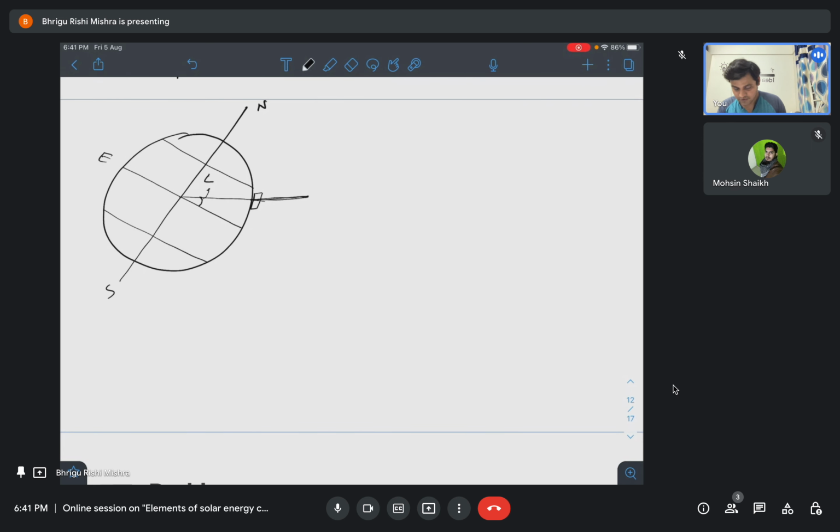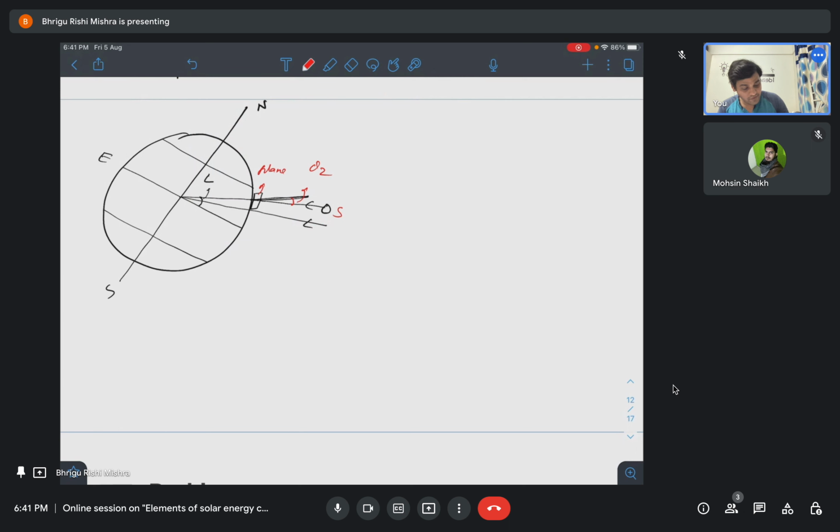Now suppose the sun is somewhere here, and the sun rays are parallel to each other. So suppose this is one sun ray and this is another sun ray, parallel to each other. So I can use a different color. This angle is theta z, because this is the sun and this is the horizontal plane on the earth's surface.